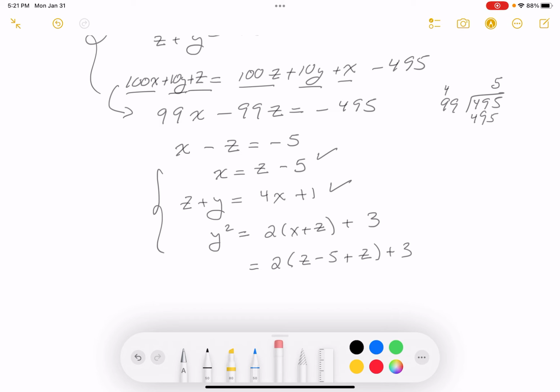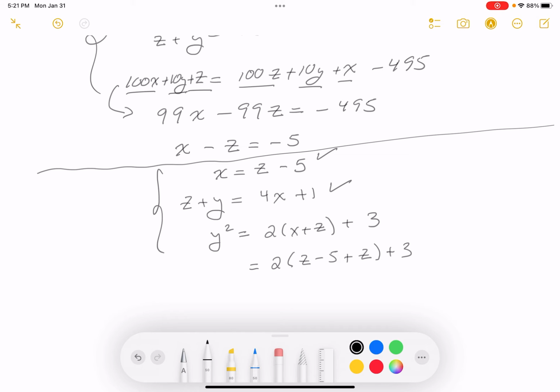And so I'm going to maybe take this second equation. Let me just get my eraser out and get my baby arithmetic gone. I don't need that anymore, right? And let me take that second equation. And I'll put a little line over here. I'm working on this now. And that's going to be, let's see, z plus y equals 4x. Well, 4x would be 4, and x is z minus 5, right? And that's going to be what? Plus 1.